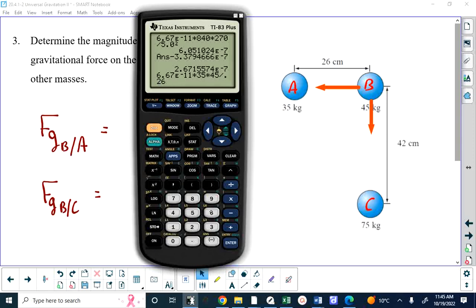Make sure when you do your calculation that when you divide by R squared, you divide by 0.26 squared. Because we have to use units that are meters, because the units in G have meters in them, have standard units. We have to use standard units.